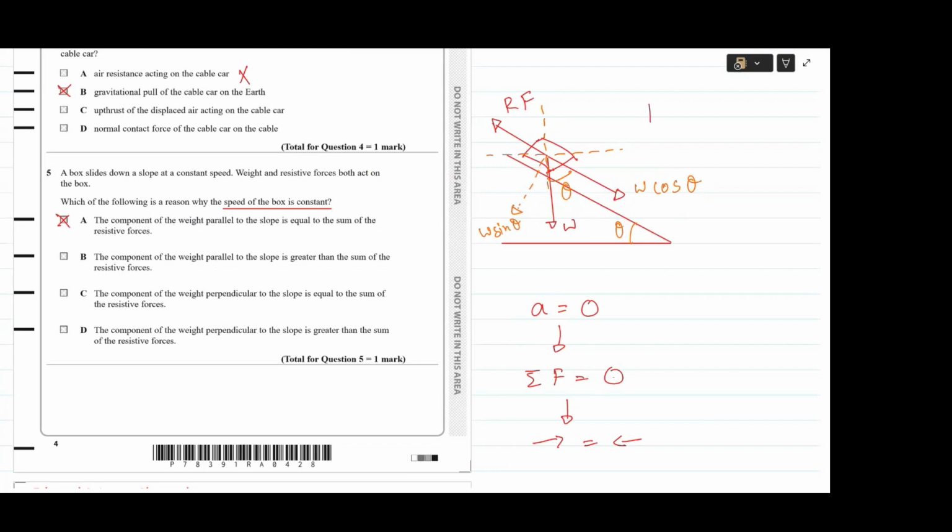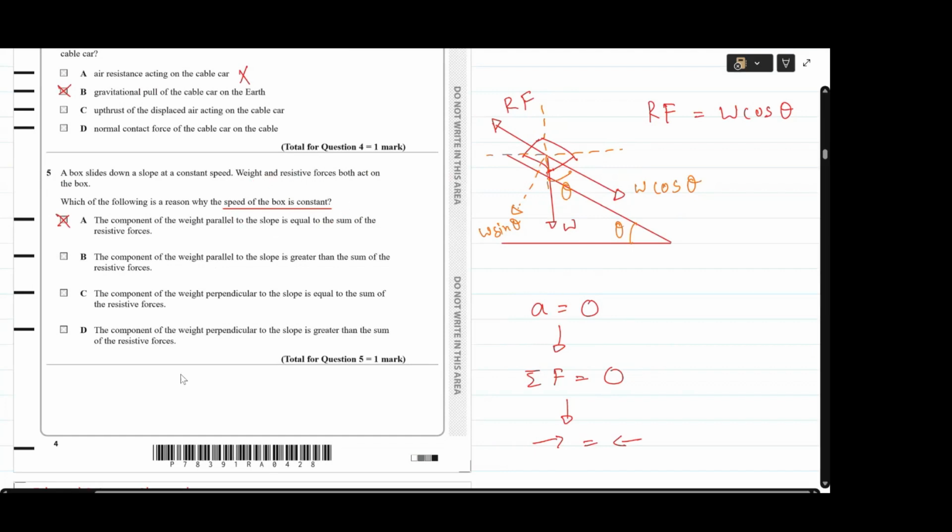So in this case, if the resistive force is equal to the parallel component of weight, then these two will cancel each other out, and there will be zero resultant force and zero acceleration, which will make the velocity of the box constant.